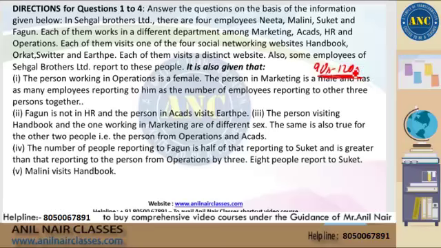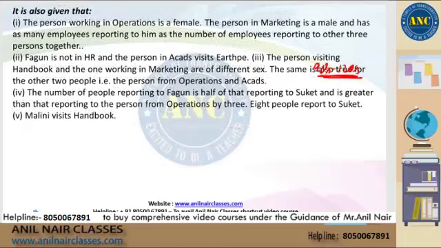Right, so I think that's superb. Let's do this. Did any one of you get the entire table? That means you could figure out which department Nita belonged to, and the same with Malini, Suket, and Fagun, and which website each visits. If you've done that, that's good. There are four people: Nita, Malini, Suket, and Fagun.